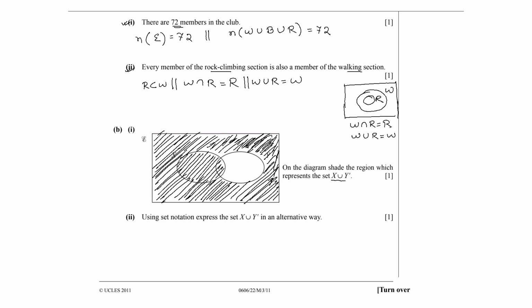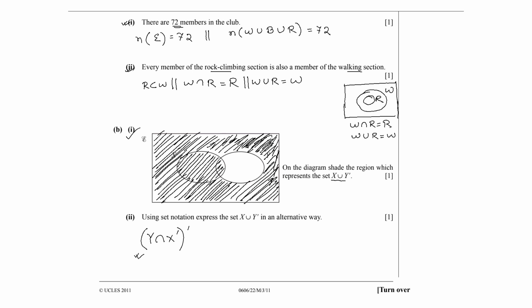For the last part of this question, they are asking us to convey the set X union Y complement in another way using set notation. So we can write Y intersection X complement, and then we take the whole complement.